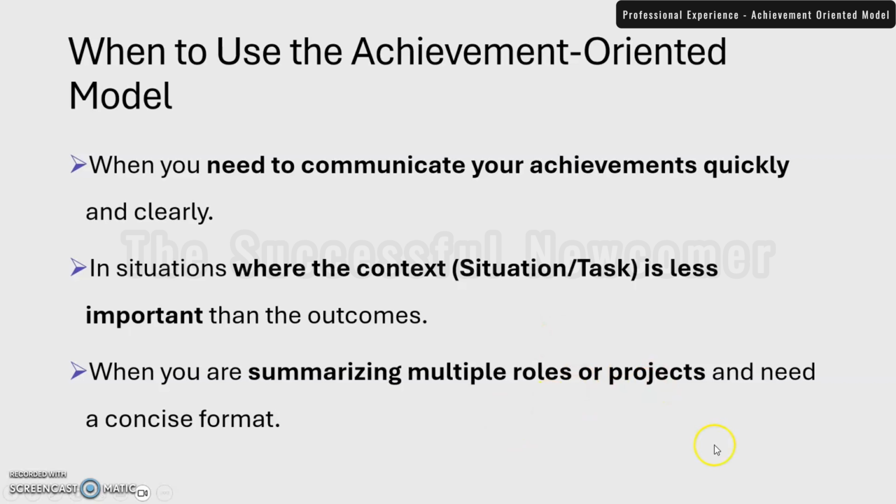So rather than describing that we needed to implement a CRM system, and then again saying you needed to implement a CRM system, that's repetition, and we know that time and space are very critical factors for your Canadian resume. So I would say when you want to summarize multiple roles or projects and you need a concise format, you may want to use the achievement oriented model.